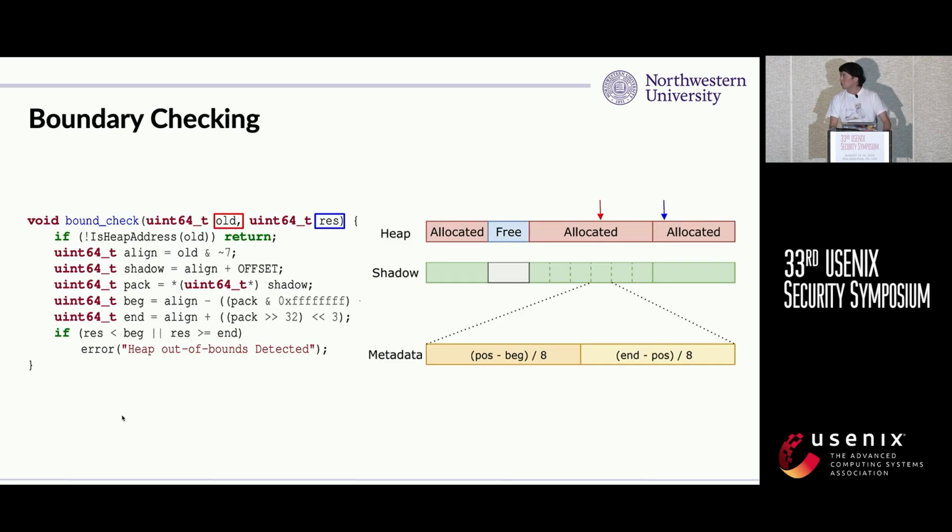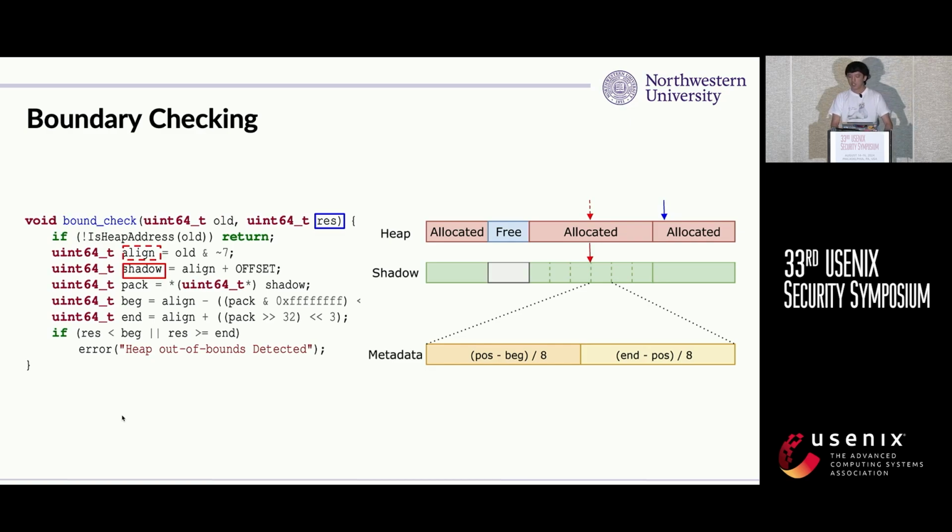Then we show how we do the boundary check. As an example, the function takes the base pointer and the result pointer as input. Then it calculates the aligned address. Then it finds the shadow memory address by adding a constant offset. Then the function loads the metadata from the shadow memory address.